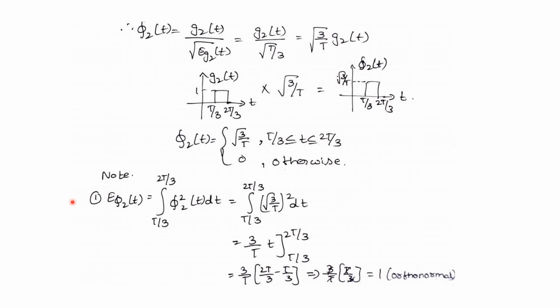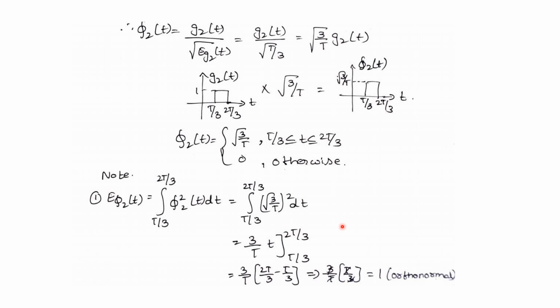And you should note this, E phi 2 of t is equal to the integral over the interval t by 3 to 2t by 3 of phi 2 of t squared dt, where I am substituting the value of phi 2 of t that I have obtained here, that is root 3 by t.